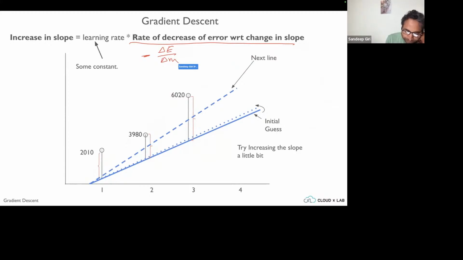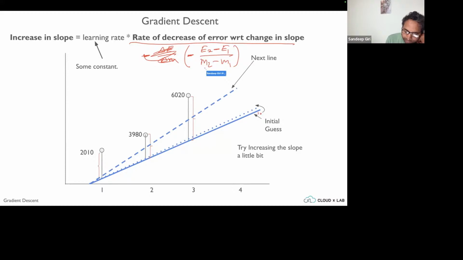Meaning when we slowly test, we are saying minus E2 minus E1 divided by M2 minus M1, right? Before trying it out, whatever our slope was is M1, and we increased the slope to M2.